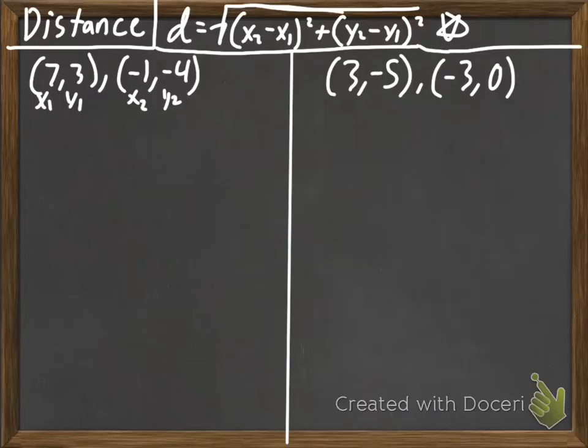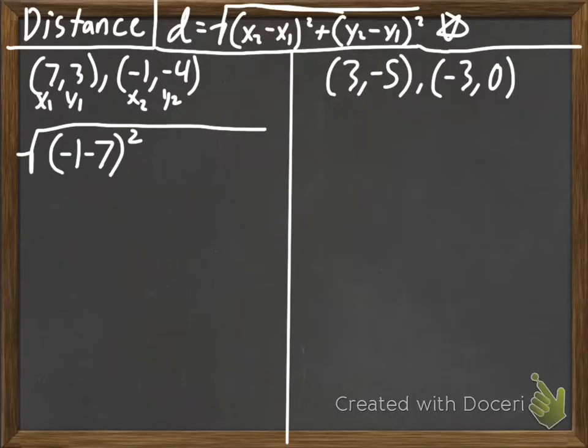Now we're going to plug it into the formula. So since I didn't give myself a bunch of room, we're just going to start here, and we're going to do x2 minus x1. So we're going to do negative 1 minus 7 squared plus y2 minus y1.